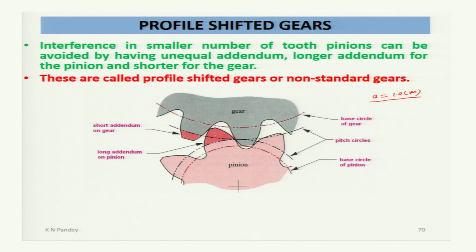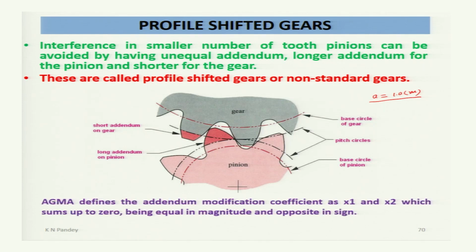For the case of pinion, there is a longer addendum, and for the case of gear, a shorter addendum. So what happens is, if the addendum of the gear is shorter, there is lesser chance of touching the involute part of the addendum to the non-involute part of the mating gear.